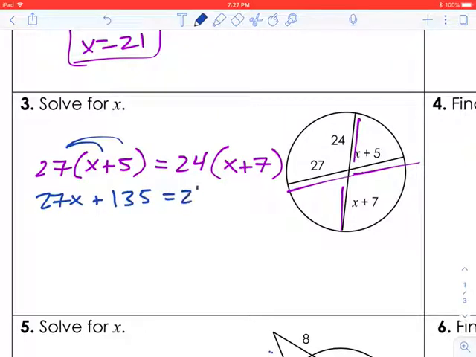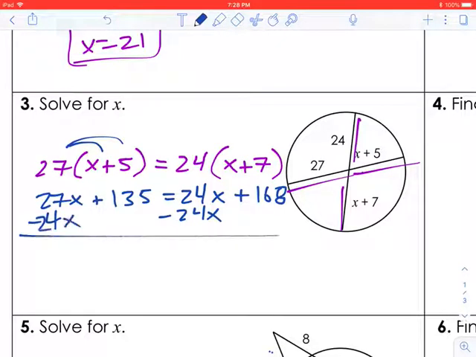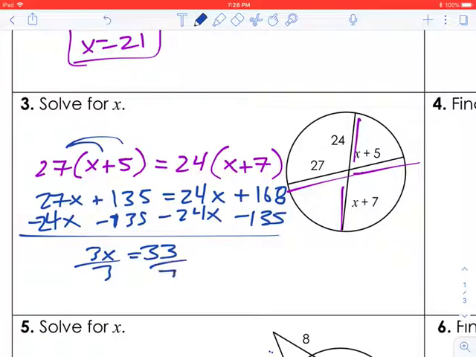And then 24 times 7 is 168. And so I'm going to go ahead and subtract off 24x and also subtract 135. And I get 3x equals 168 minus 135, that's 33. And so when I divide by 3, x equals 11.